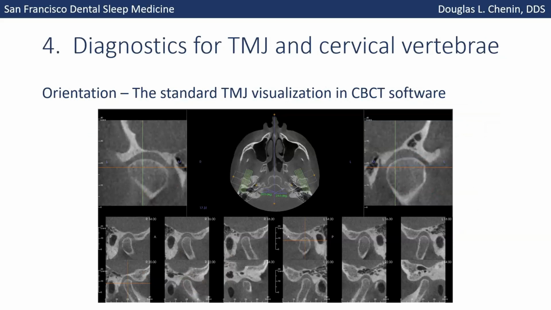Again, now with cone beam, we were able to look at the airway, the nose, the orthodontic assessments, the jaws, and now going up further into the jaw to the TMJ and also the cervical vertebrae. It's nice to be able to look at the jaw joints because a lot of sleep apnea patients have TMJ issues, because this is part of the same complex of problem.